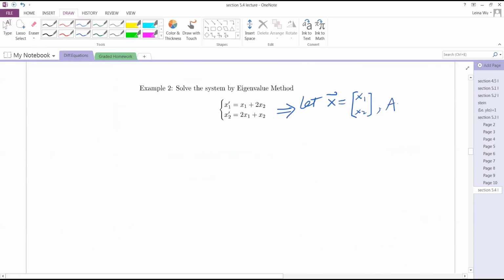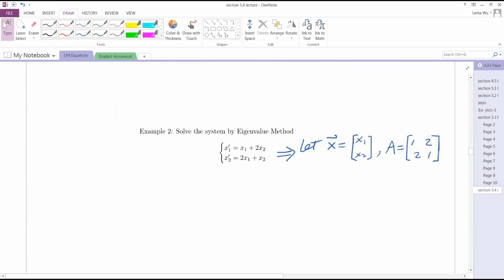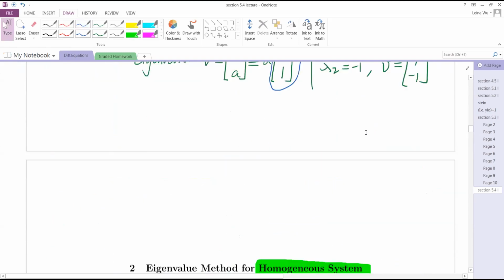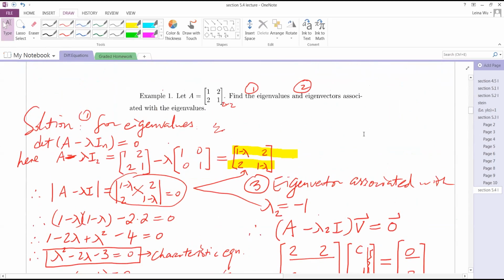And let our coefficient matrix A be what? 1, 2, 2, 1. Does this look familiar? Don't we just look for its eigenvalues and eigenvectors? Yeah, that's why I do that here.